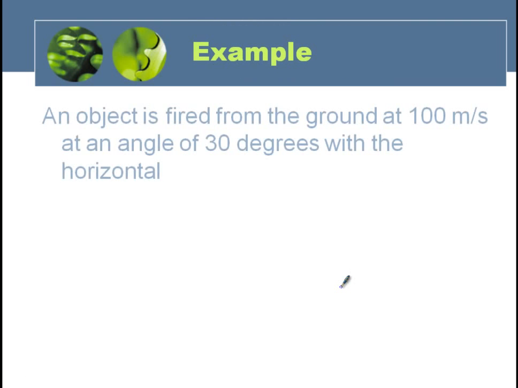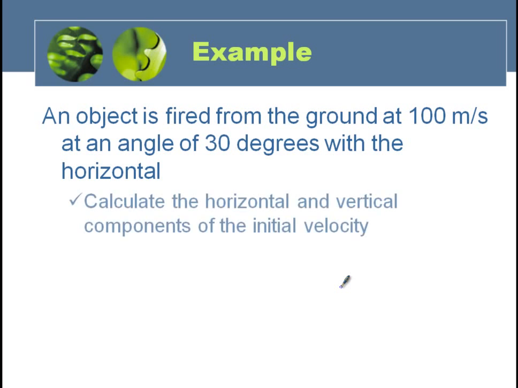So we're going to do a quick example. An object is fired from the ground at 100 meters per second at an angle of 30 degrees with the horizontal. So calculate the horizontal and vertical components of the initial velocity. That's one thing we're going to do. You always want to draw this stuff out. Even if you can picture it in your head, it's best to draw it.